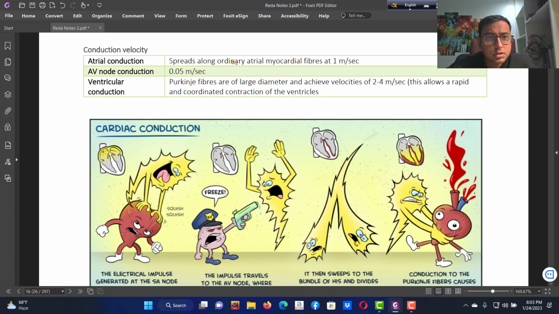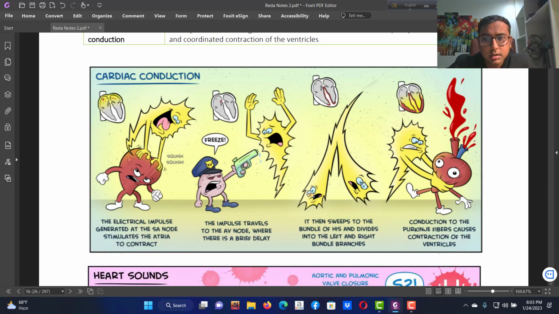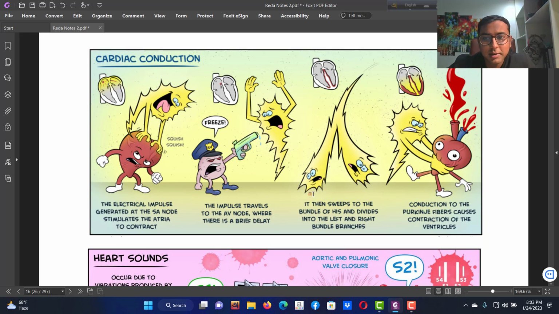Atrial contraction spreads through the ordinary atrial myocardium, no need for detail. Now the very famous cartoon: the electrical impulse is generated at the SA node. So the SA node stimulates the atria.